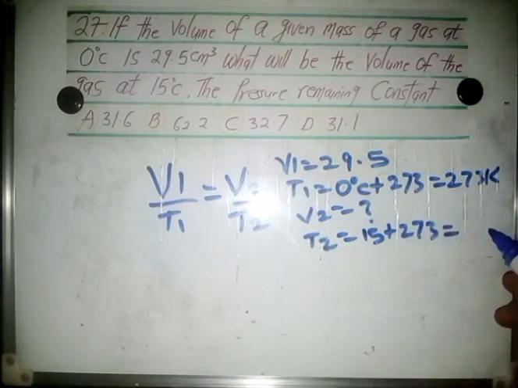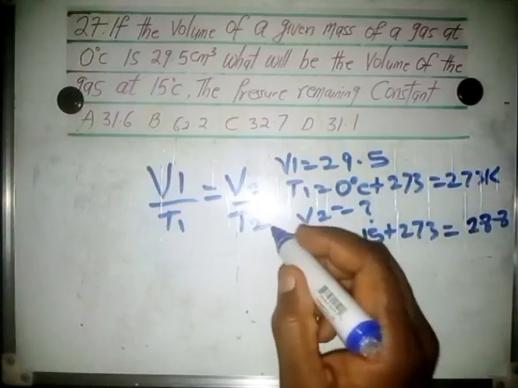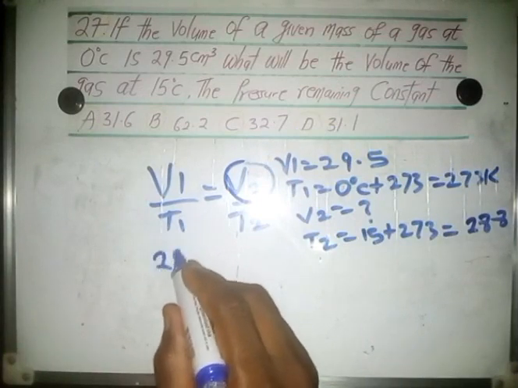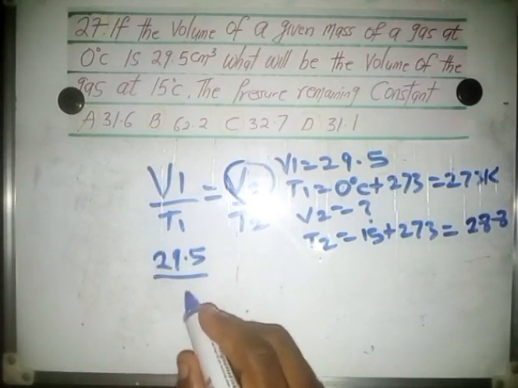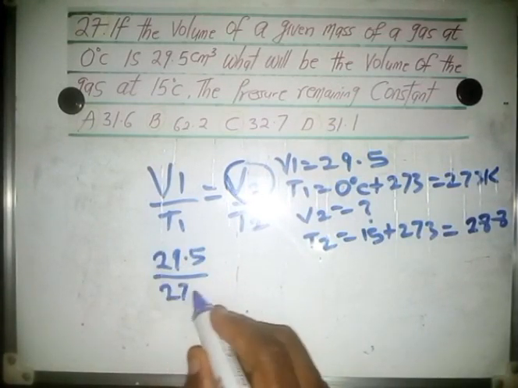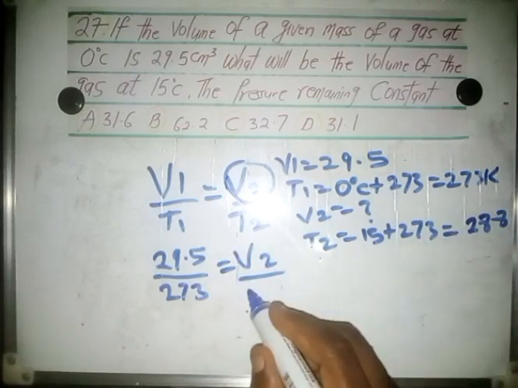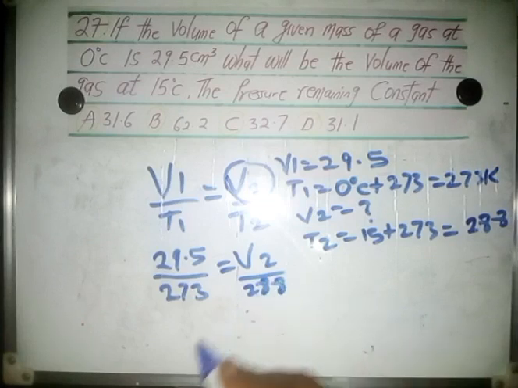So at the end of the day, we'll get 288. So we'll put them into this equation so that we can calculate for V2. So V1 is 29.5 over T1, 273. V2 over T2, 288.